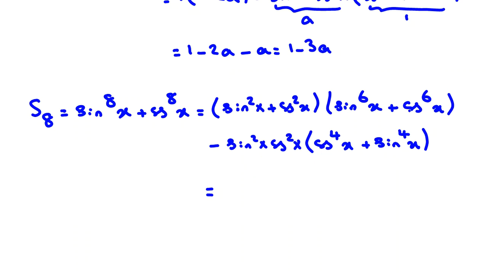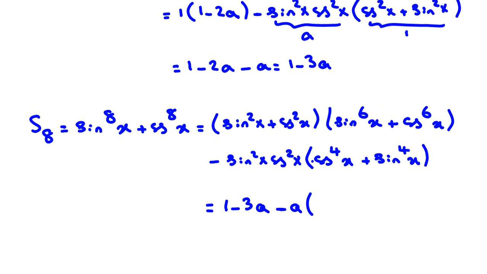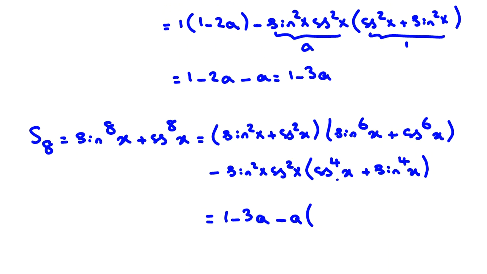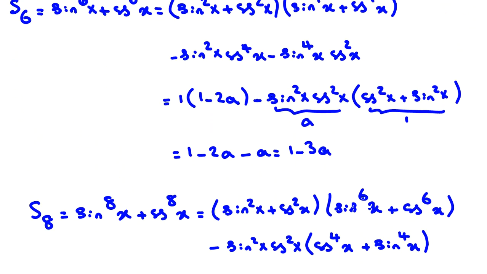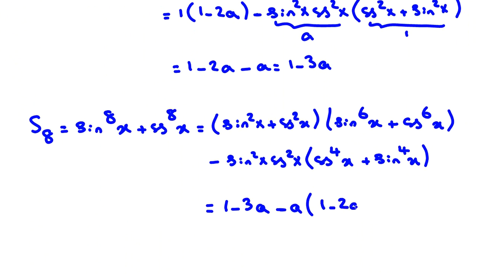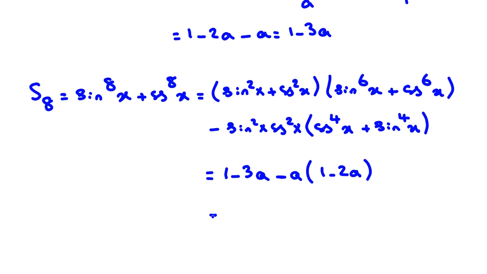So it will be 1 times the previous one, 1 minus 3a, minus a times the previous terms. So cos 4x plus sine 4x was 1 minus 2a. If we replace, it will be 1 minus 3a minus a plus 2a squared. So it will be 2a squared minus 4a plus 1.